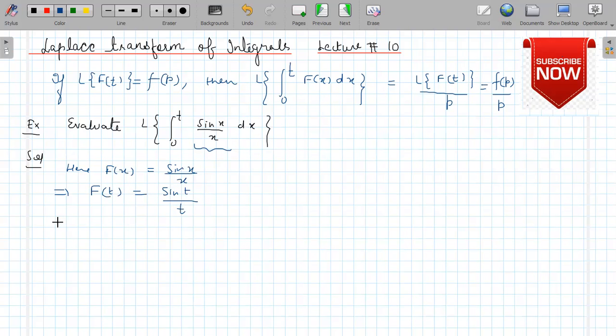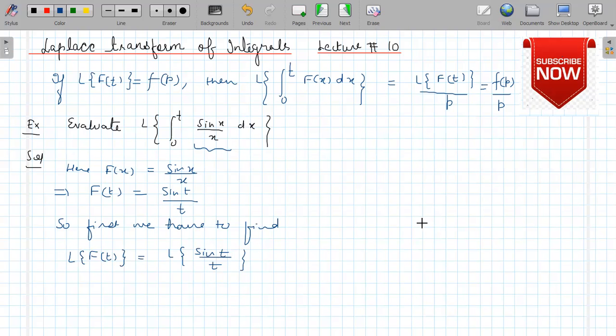First we have to find Laplace of f(t), that is equal to Laplace of sin t divided by t.